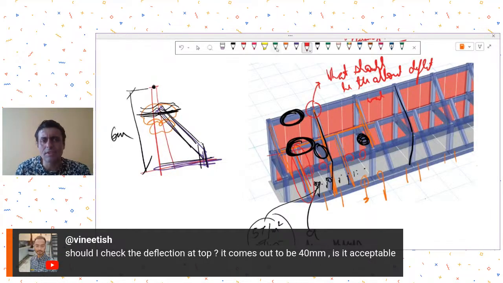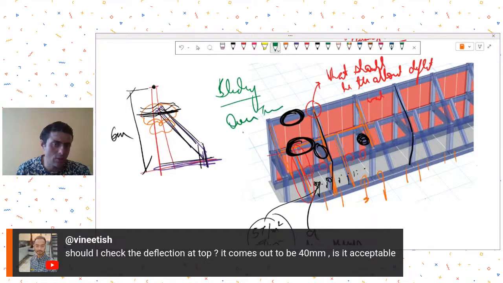So my suggestion would be, as long as your sliding and overturning checks are satisfied, as long as your bearing pressure checks are satisfied, as long as your pile reactions are satisfied, I think you may not check the deflection, because you really don't know what value to check deflection against. You get my point?